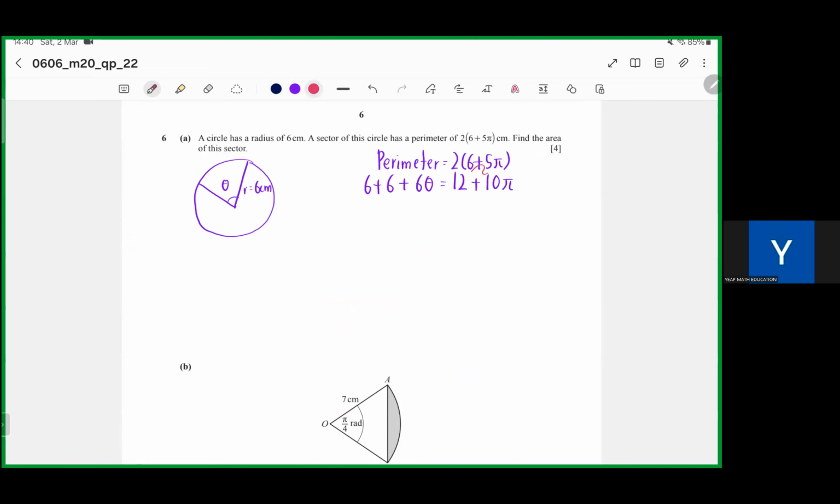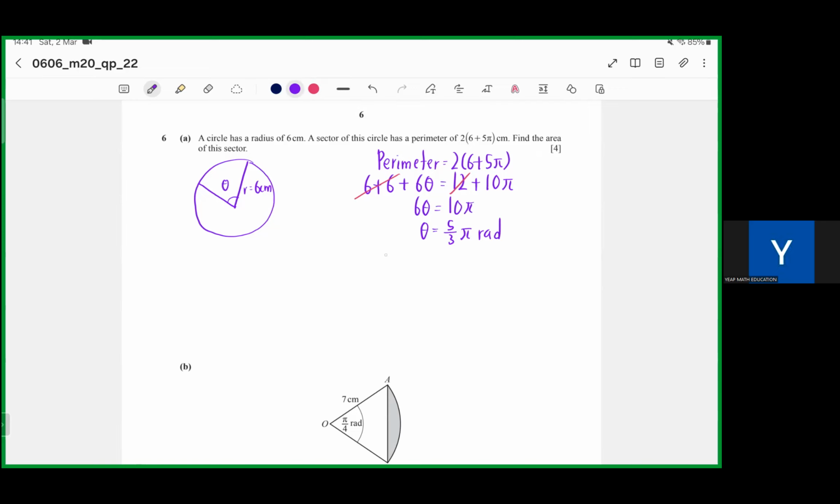Okay, here we can cancel because here is 12 now. So we cancel. So 6 theta equals to 10 pi, so theta equals to 5 over 3 pi radians. Okay, you don't need to change it to degrees again. You just leave the answer in radians.